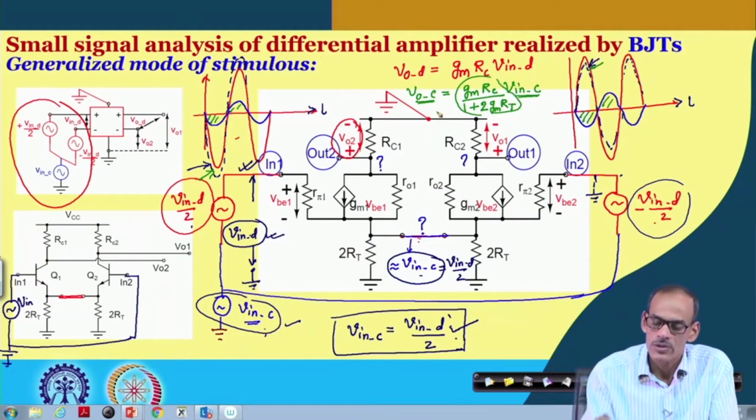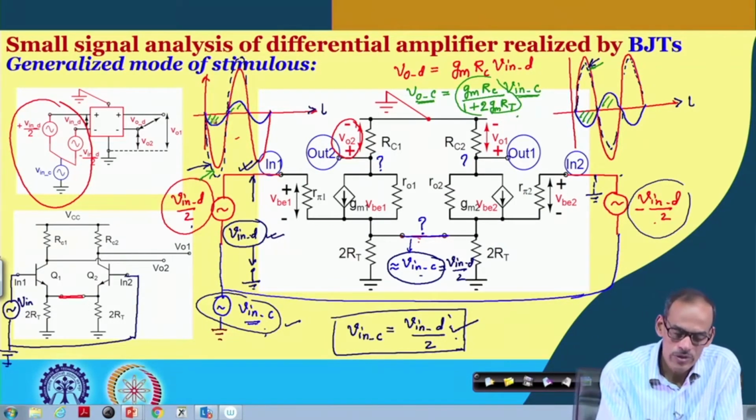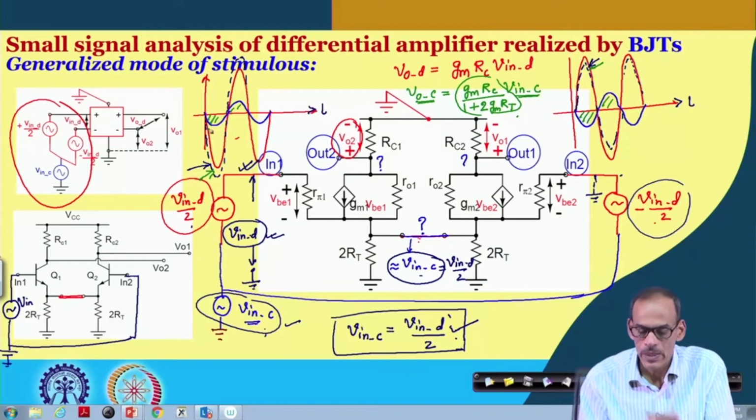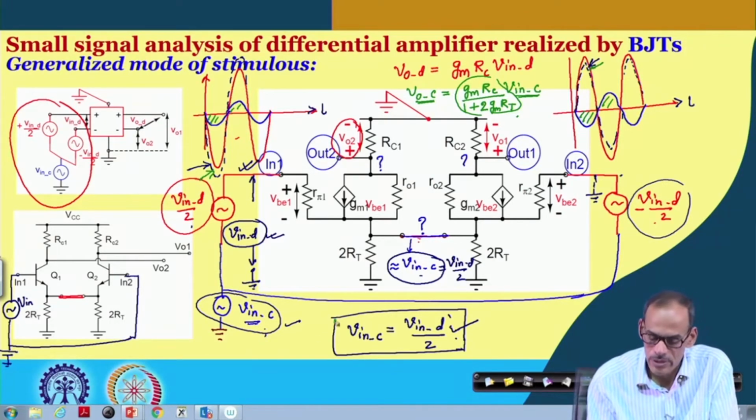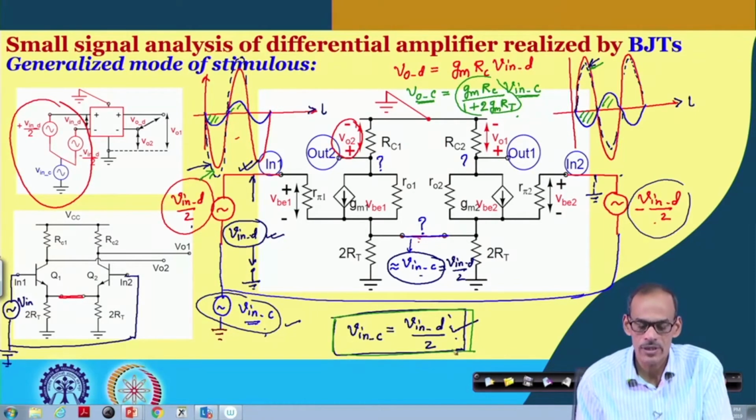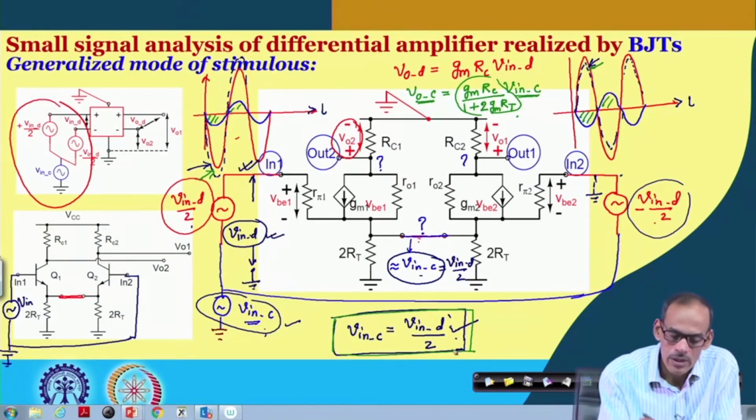Since this gain is low, that is why we are getting a smaller signal. So, in this pseudo differential case, whenever we are considering this common mode signal, it is half of the differential signal.